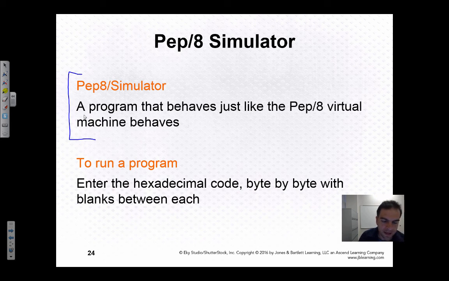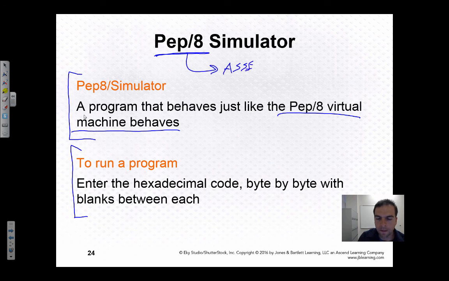There is a thing called a PEP8 simulator. It behaves like it's a virtual machine. In order to run a program on the PEP8 simulator, I've got a different video that does that. PEP8 is really designed for us to write in assembly, and we'll get there, but we're starting off using object code.